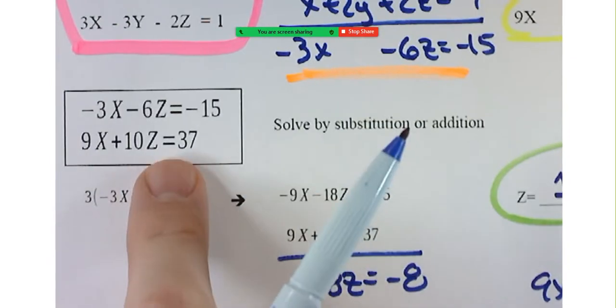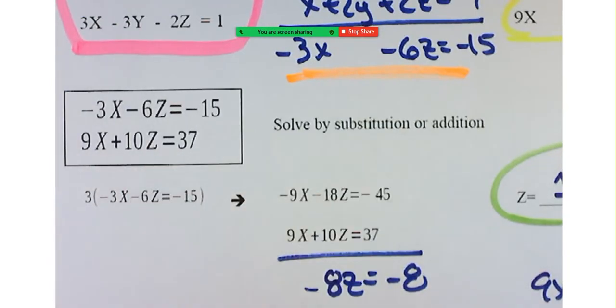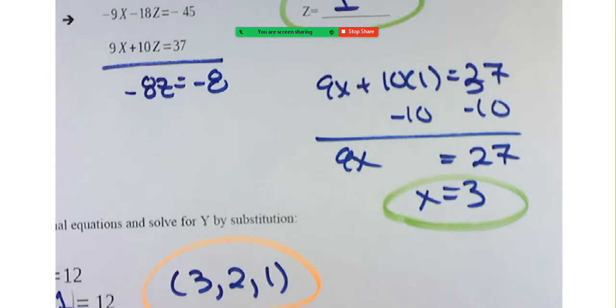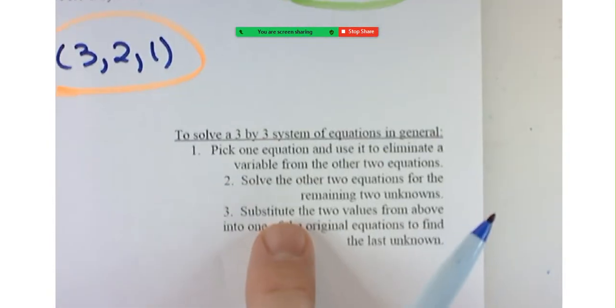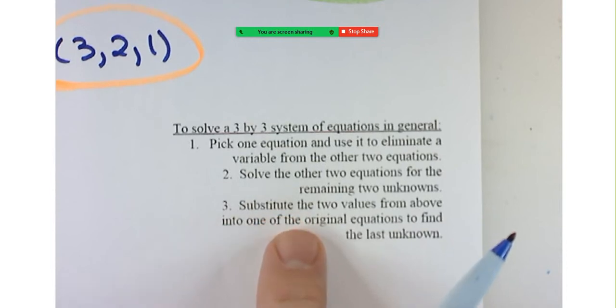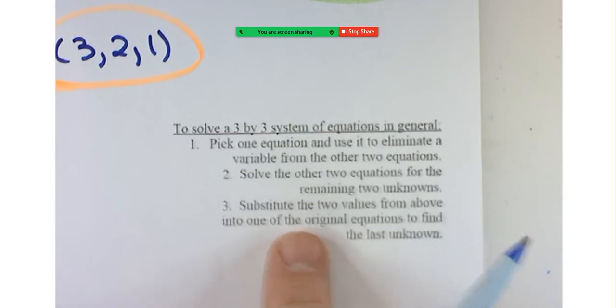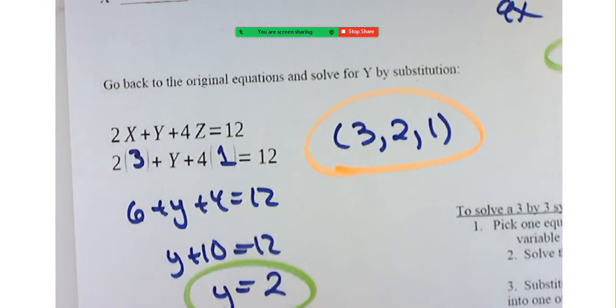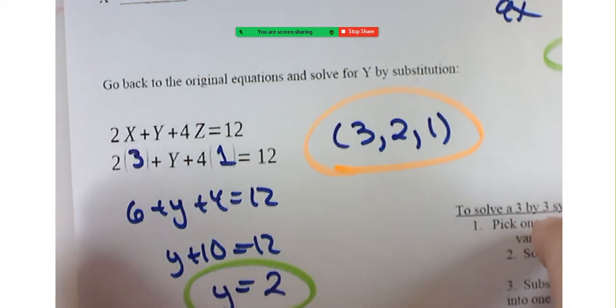So that gave us a 2 by 2 system. We solved those 2 equations and 2 unknowns for z and x. And once we knew what z and x were, then you go back and you substitute in and solve for the remaining unknown. So we did that here. We solved for the remaining unknown. So there you go. There's your 3 by 3 system of equations.